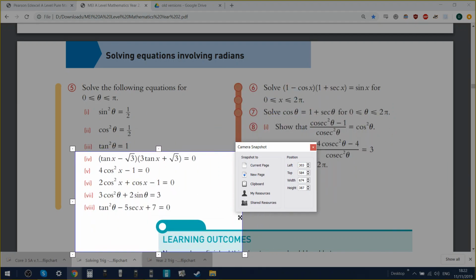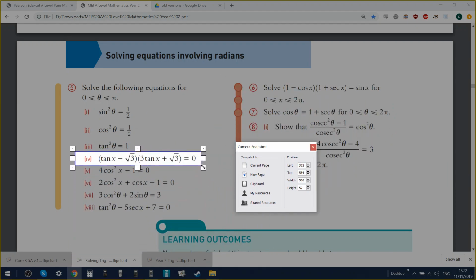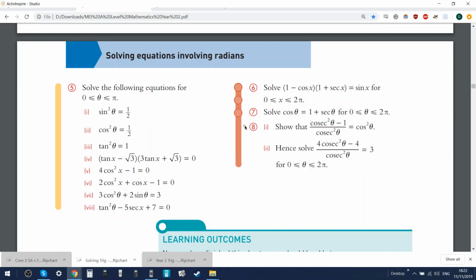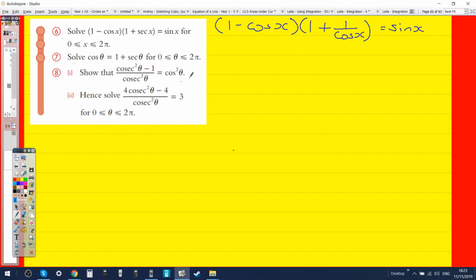See what you get. Okay. Minus 1. So I get 1 plus 1 over cos x minus cos x minus 1 equals sin x.